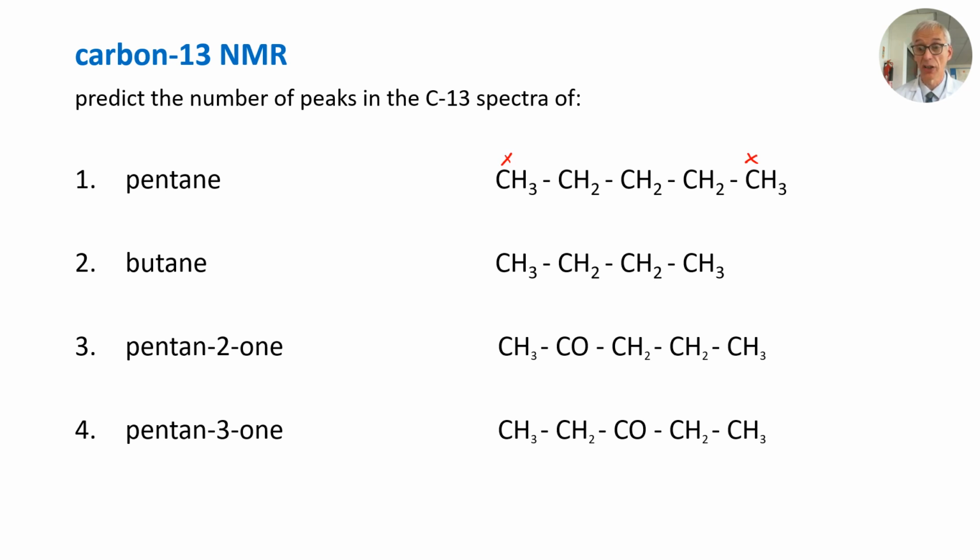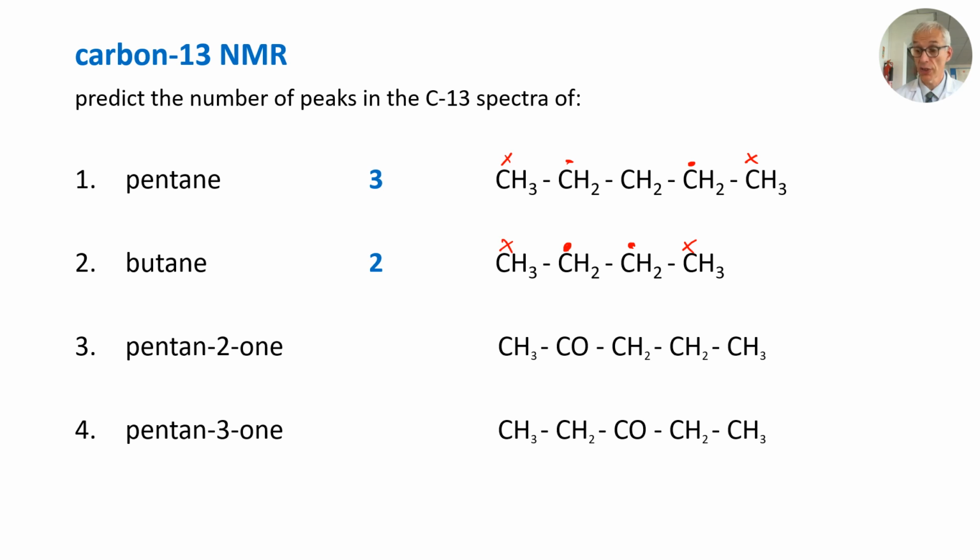They are identical, as are these two chemical environments for these carbon atoms. So we've only got 1, 2, 3 different chemical environments, 3 peaks. Now if we look at butane, we'll see again these are chemically equivalent environments, and these are chemically equivalent environments, so we will have 2 peaks.